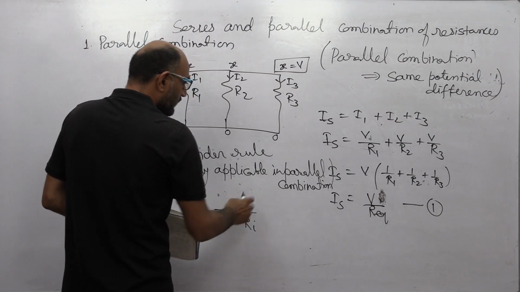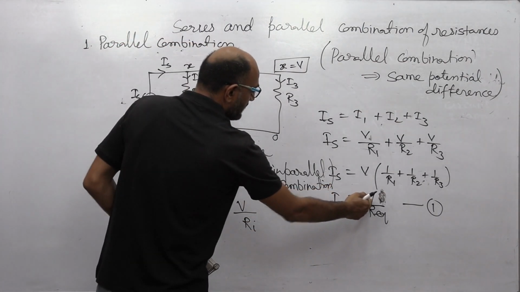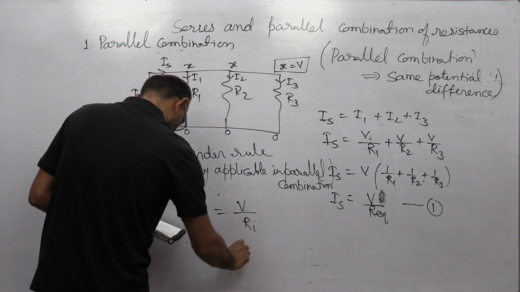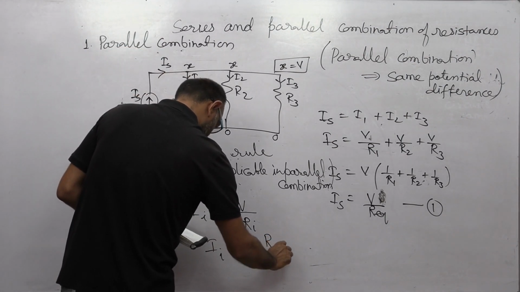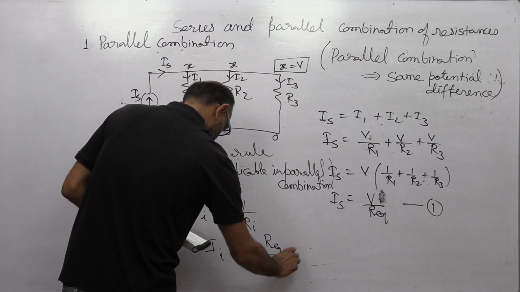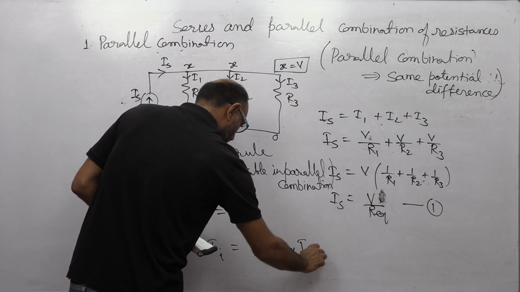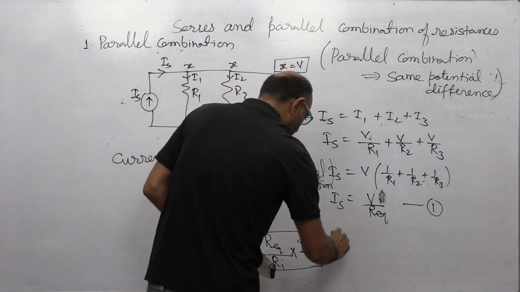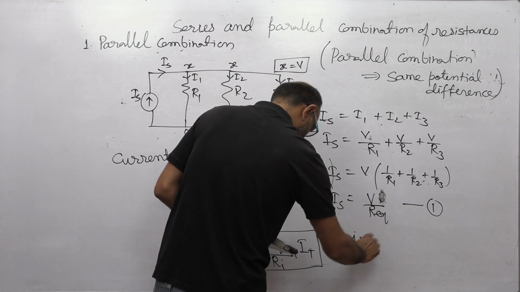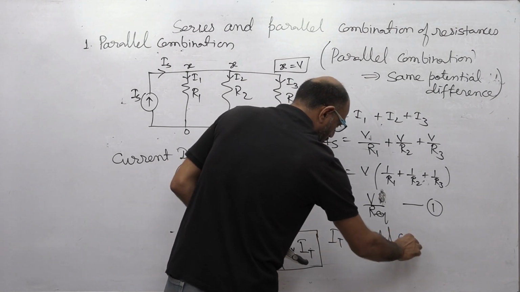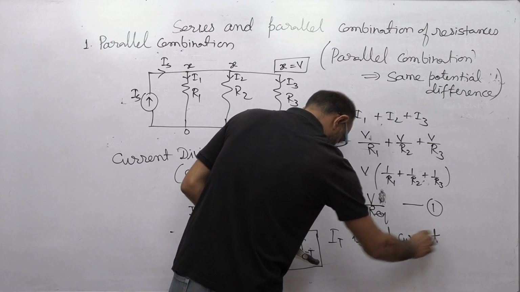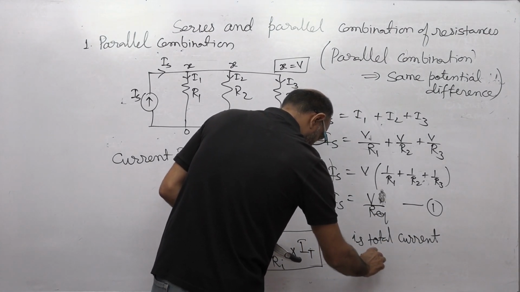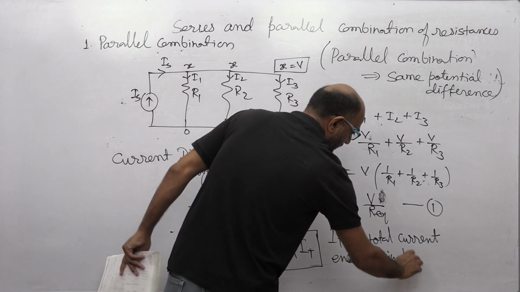एंड व्हाट इज दिस V? Here we can write from equation number 1 that Is into R equivalent. So I can call it IT, I total, where IT is the total current entering in parallel combination.